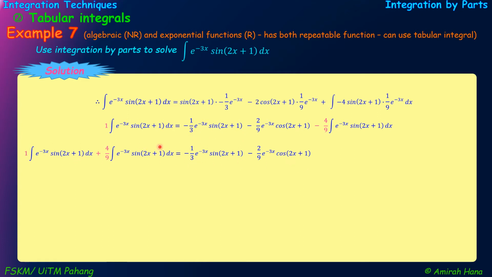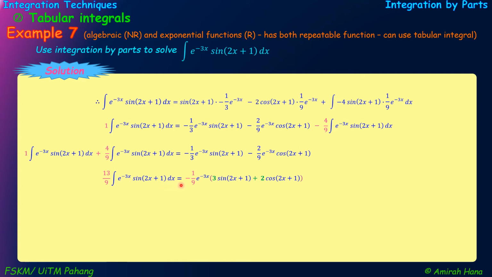And from here, we have the same term, and then we have constant 1 and plus 4 over 9. So we can simplify. So we get 1 plus 4 over 9 equals to 13 over 9. And then the integration of e to the power of negative 3x sine 2x plus 1 dx.